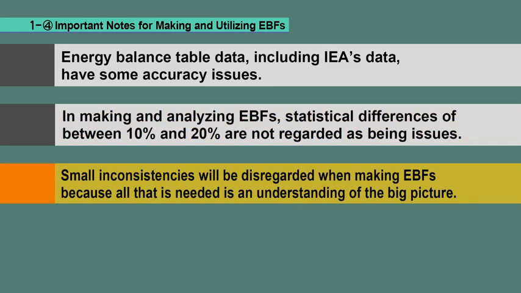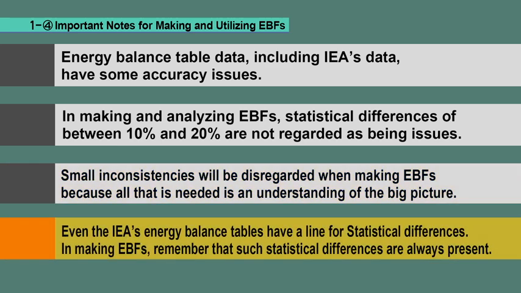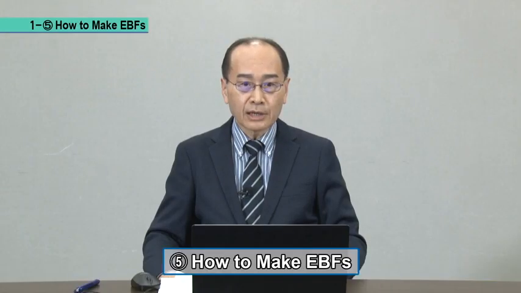What's needed is an understanding of the macro situation. Small inconsistencies will be disregarded when making EBFs. The IEA data used also has a category of statistical differences, so keep in mind that such errors are always present when making EBFs. Now, let me explain how to make EBFs.